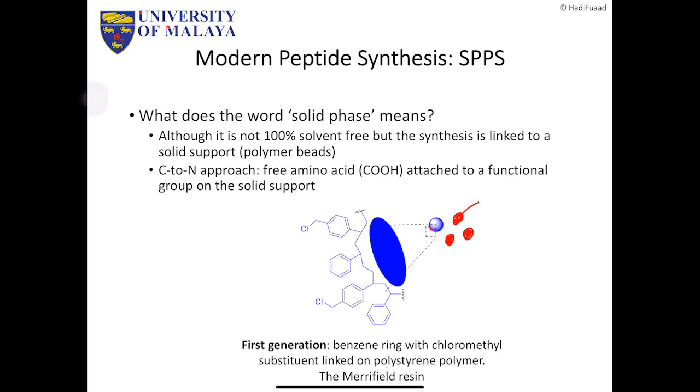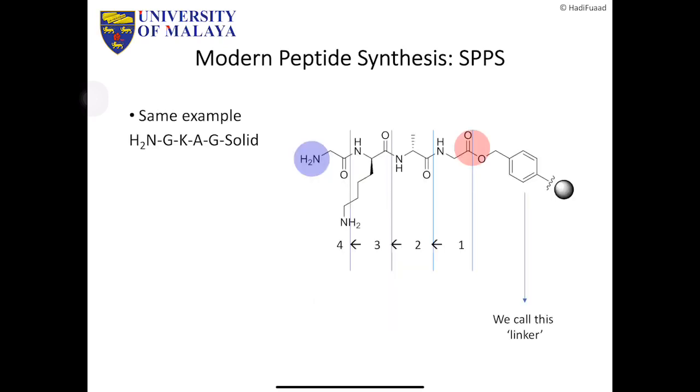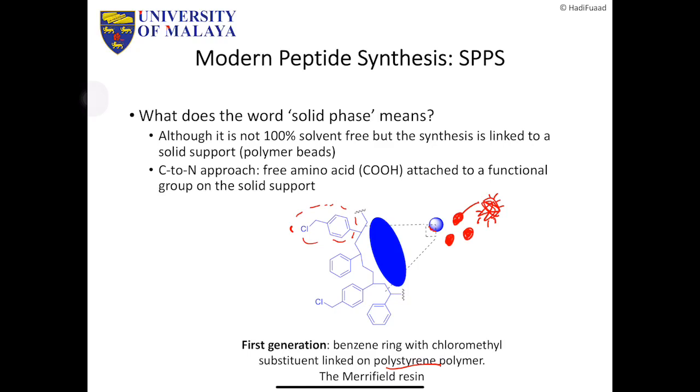The first generation is polystyrene, and on the surface of this polystyrene polymer there's a linker. This linker is a benzene ring with a chloromethyl substituent.